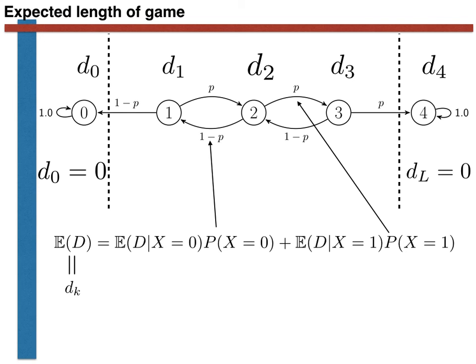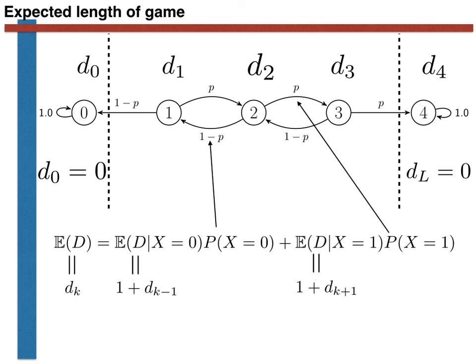The only thing that affects what happens subsequently is the amount of money the gambler has in his possession. We can thus confidently assert that the expectation of d, given x equals 0, equals 1 plus dk minus 1, and that the expectation of d, given that x equals 1, equals 1 plus dk plus 1.